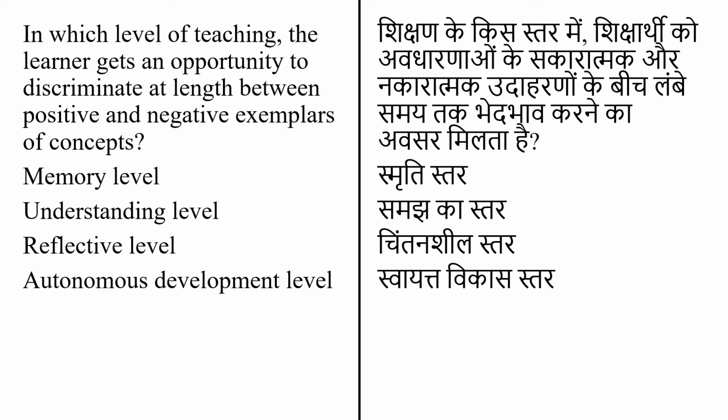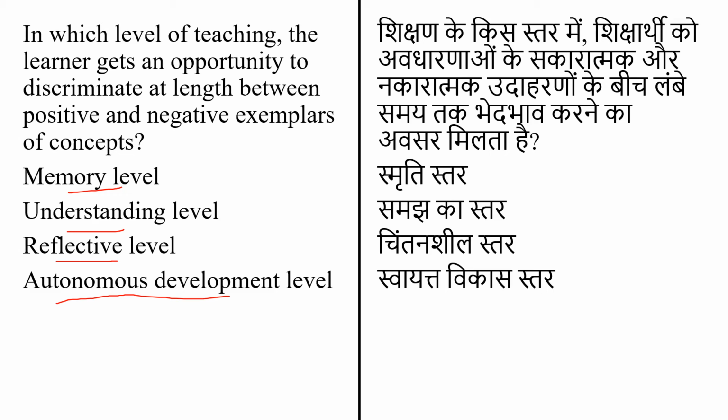In which level of teaching does the learner get an opportunity to discriminate between the positive and the negative examples of the concept? In this question they give you the levels of teaching. Please remember the different levels of teaching. There is a memory level, then an understanding level, then a reflective level, and an autonomous development level.